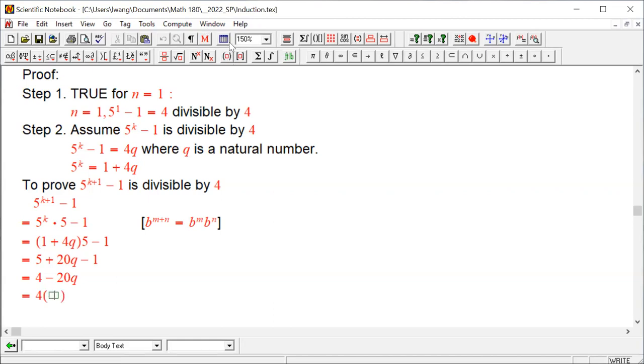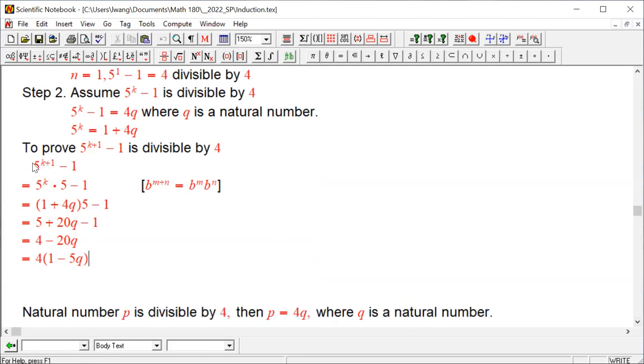Inside the parentheses, we're going to get 4 times (1 plus 5q). And this has demonstrated that 5 to the power of k plus 1 minus 1 can be written as 4 multiplied by a natural number.